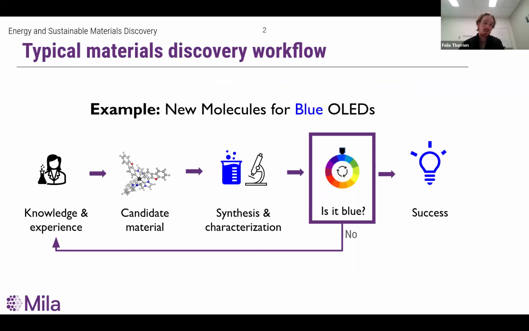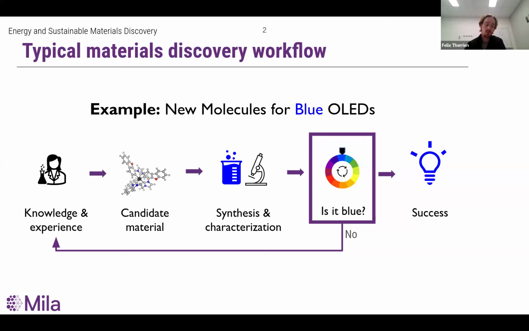All right, so the typical materials discovery workflow works sort of this way. Imagine you want to find new molecules for OLEDs. These are display materials that are blue. This is typically a harder problem. So you would start from your knowledge or your experience of what you think could be a good candidate material, and then you try this candidate material in the lab, and only once you've made this material, you can verify if it has the property that you want.